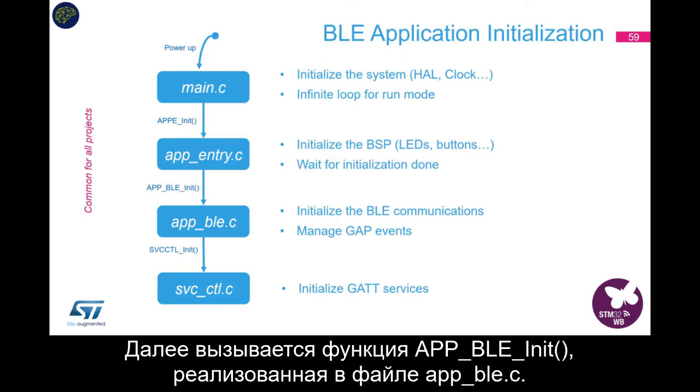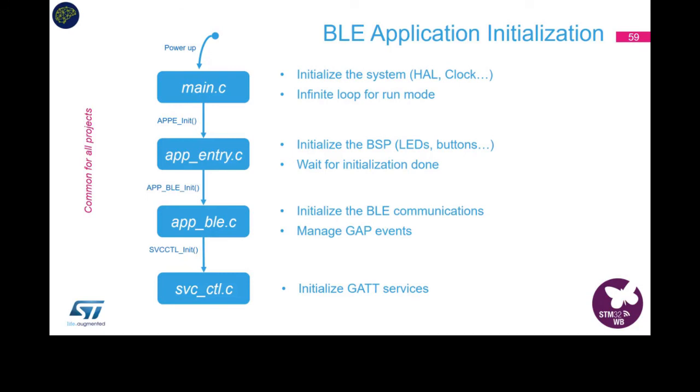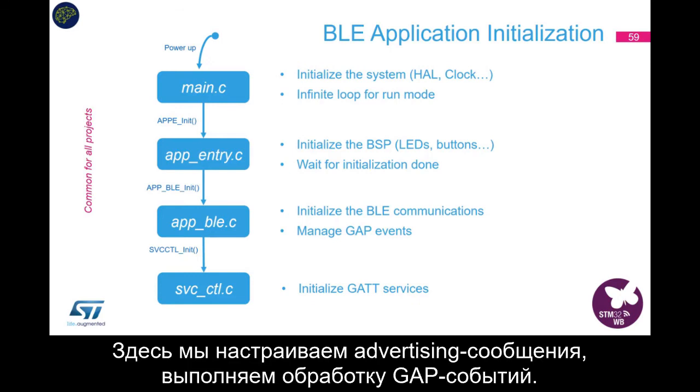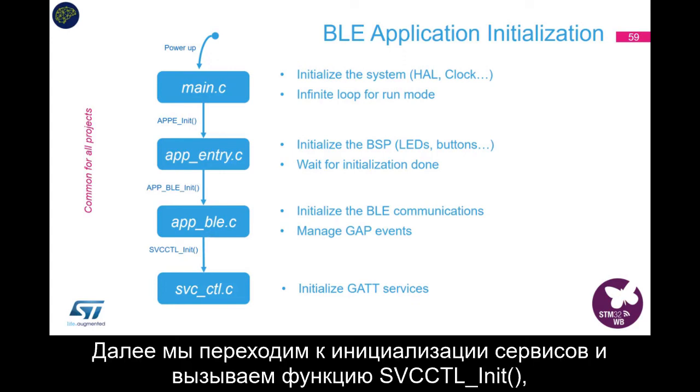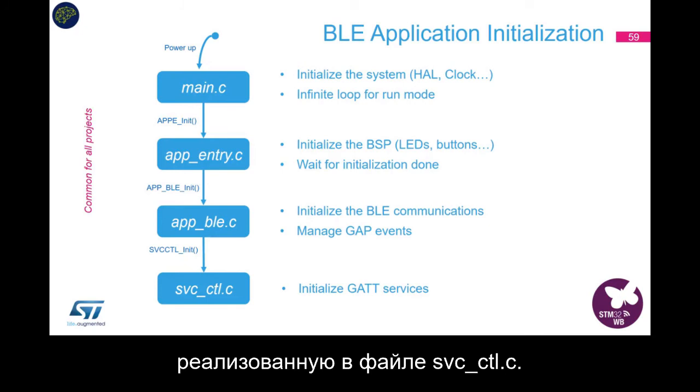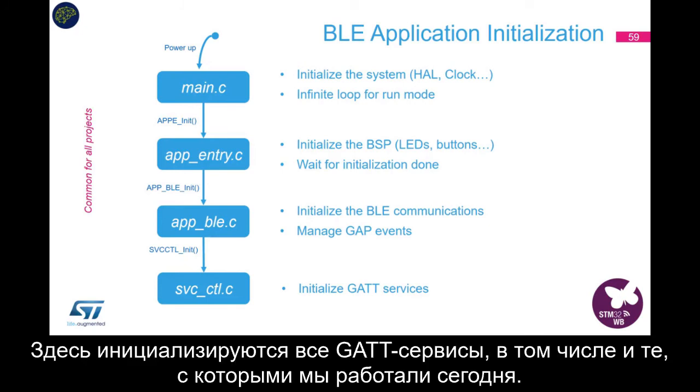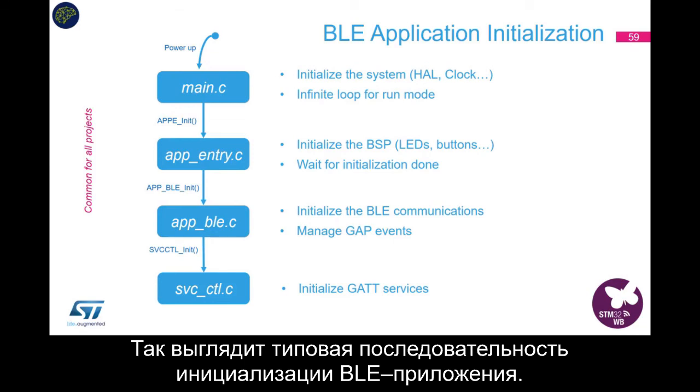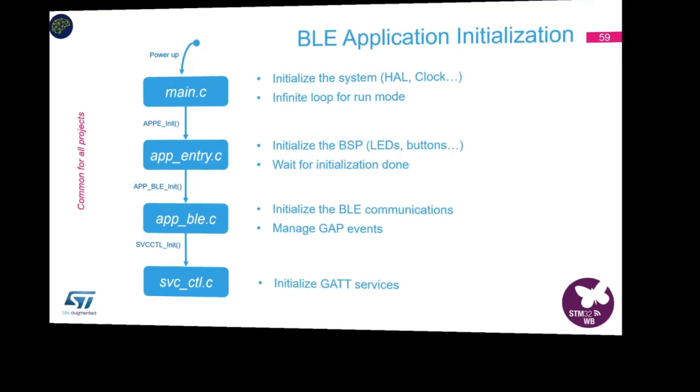Then we drop down into our app BLE initialization, which is in app_ble.c. That starts off the communications, and it's where you configure the advertising and set up your discovery, and that's all managing the GAP events part of it. Then you go into service control initialization, which is in svc_ctl.c, and this is where you start initializing all the GATT services that we have and we've been playing with during today. So that's the typical BLE application configuration and setup, and the flow of how the software works.